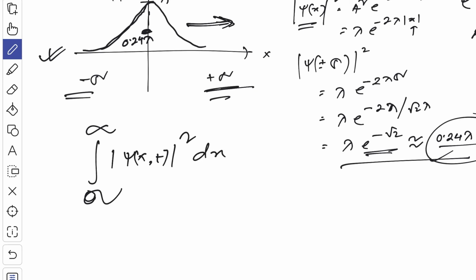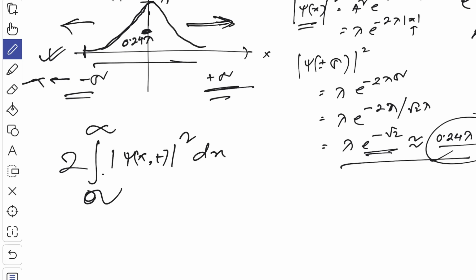This gives the probability. Then the probability of getting the particle on this side, outside minus sigma to minus infinity, will also be the same. So the total probability outside this range we can consider as 2 into this integration.